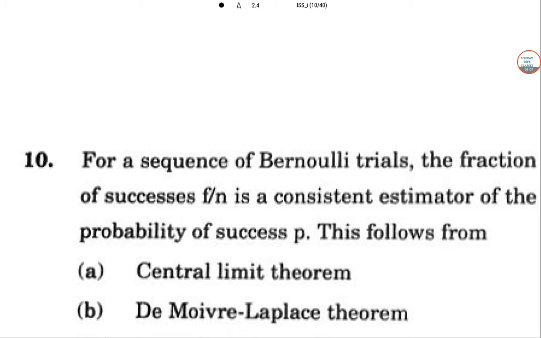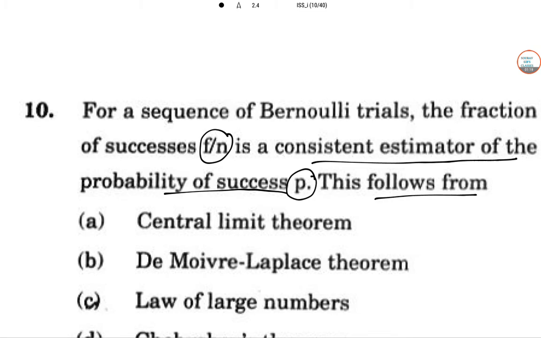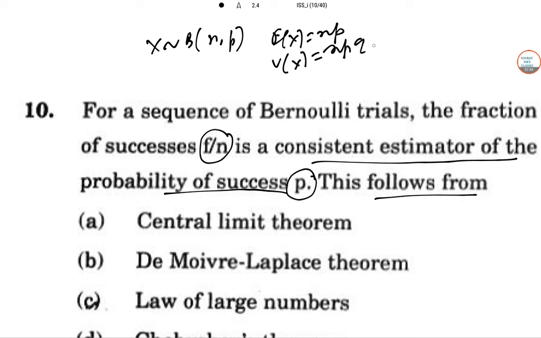Next, for a sequence of Bernoulli trials, the fraction of successes X by n is a consistent estimator of the probability of success p. Then it follows from which of the following? It's very easy. For a sequence of Bernoulli trials X of (n, p), expectation of X is np and variance of X is npq.